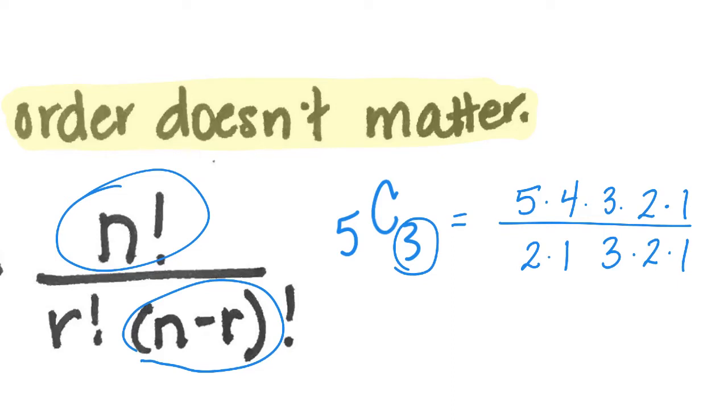Well, that's a lot of crossing out, and the 3, 2, 1 cancels out. It looks like I end up getting 20 over 2, which is 10.